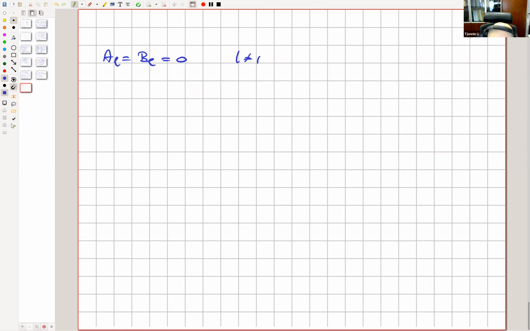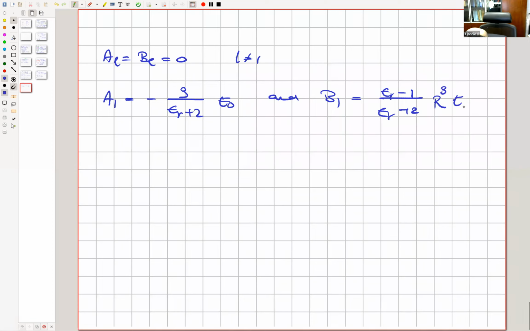And then you get A_1 equals minus 3 over epsilon_R plus 2 E_0, and B_1 equals epsilon_R minus 1 divided by epsilon_R plus 2, times something. Let's see, this is R. Okay, I can't even read my handwriting. Maybe R cubed. I need to double check this, but I'll fill this in right now.